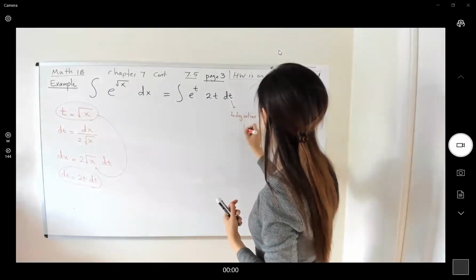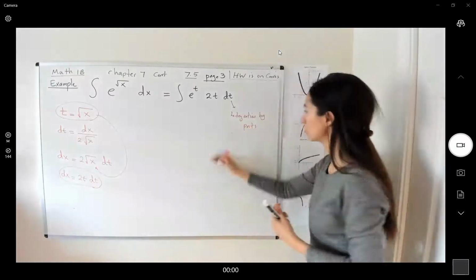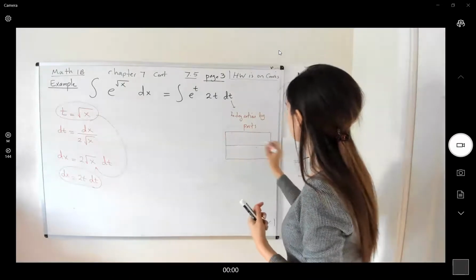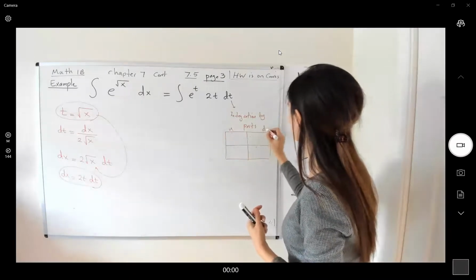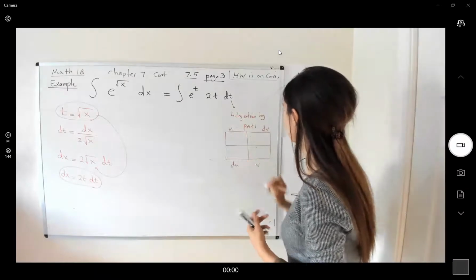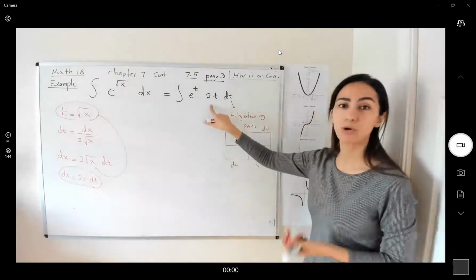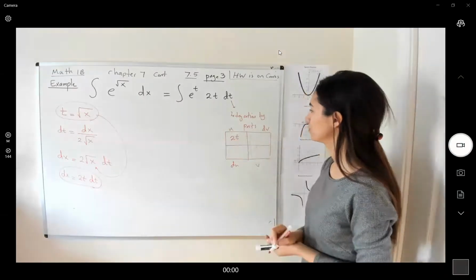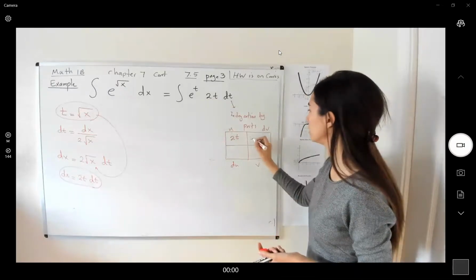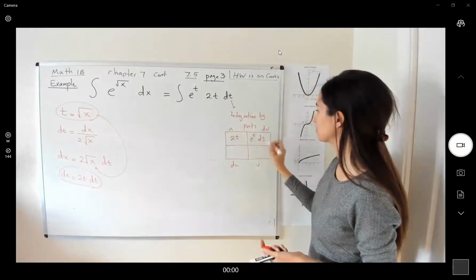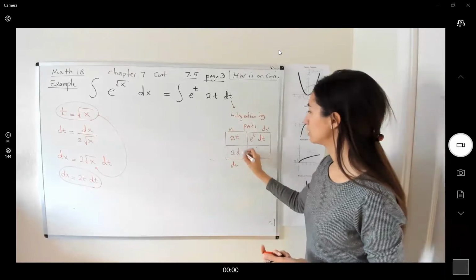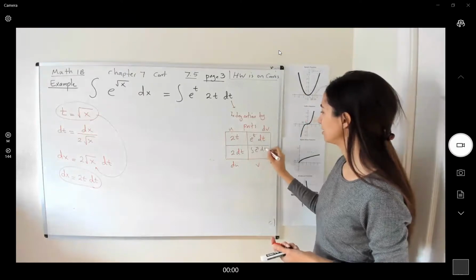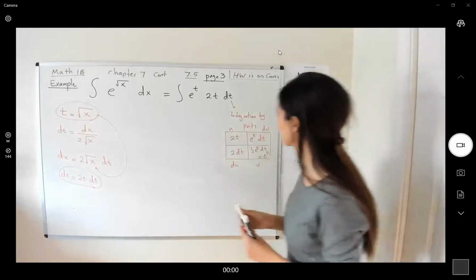Okay, let us use our little table, u, dv, du and v. So since my goal is to reduce the exponent, I'm going to take 2t as my u. And dv is equal to e to the t dt. So du is equal to 2 dt, and v is equal to the integral of e to the t dt, which is e to the t.